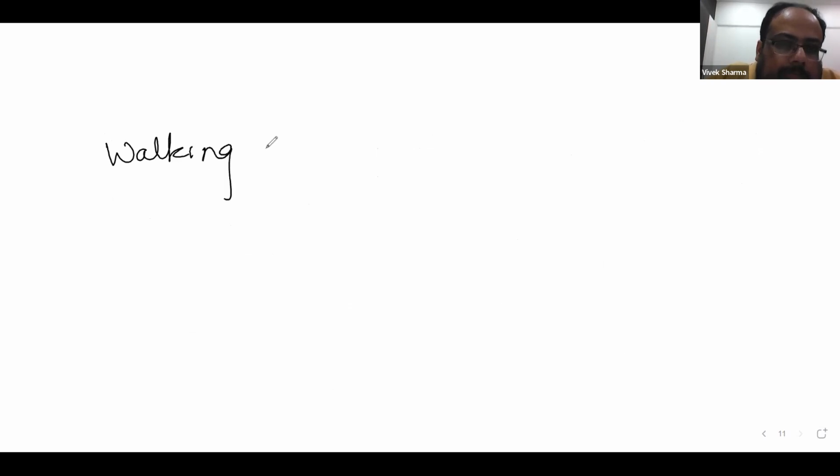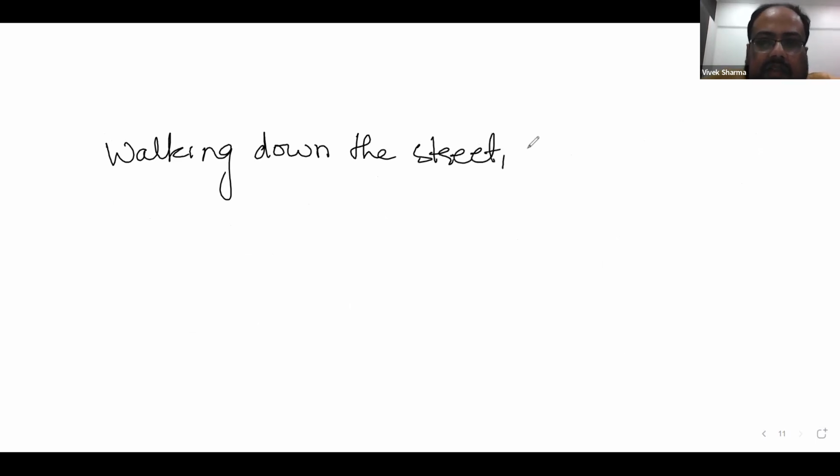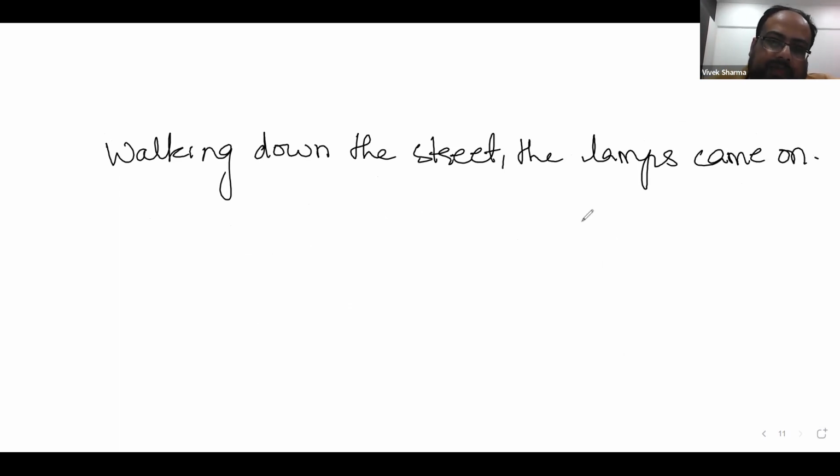Another example: walking down the street, the lamps came on.